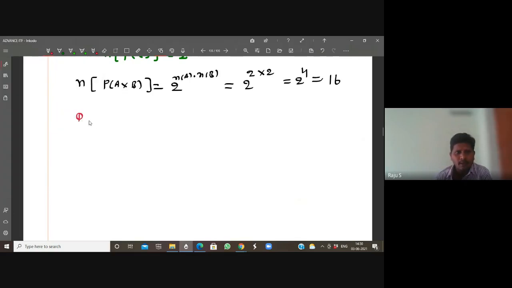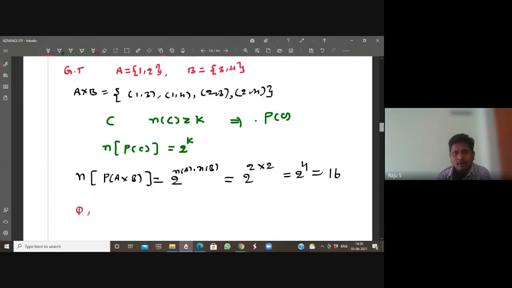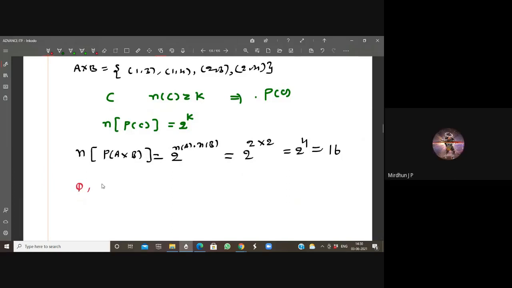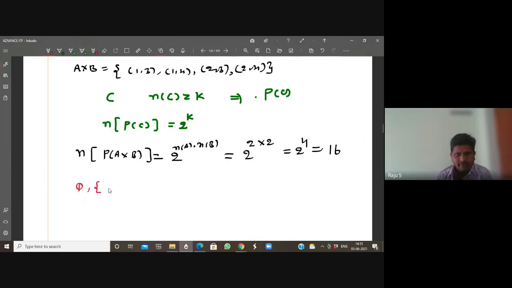First, empty set. Next, sir, 1 comma 3. Subset means you should write every subset in curly brackets. Curly bracket of 1 comma 3, curly bracket of 1 comma 4, curly bracket of 2 comma 3, curly bracket of 2 comma 4. Okay, these are the given ordered pairs.